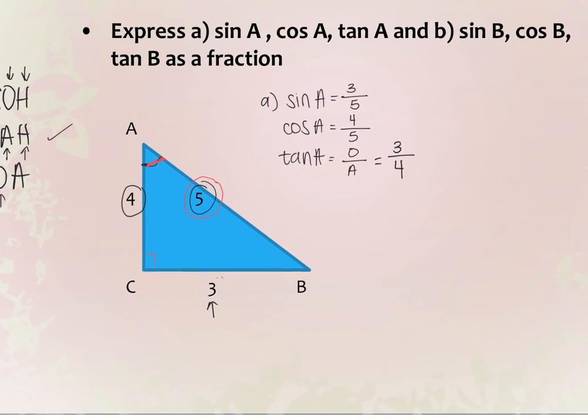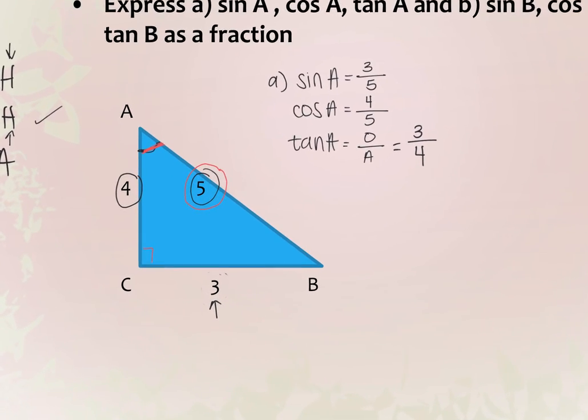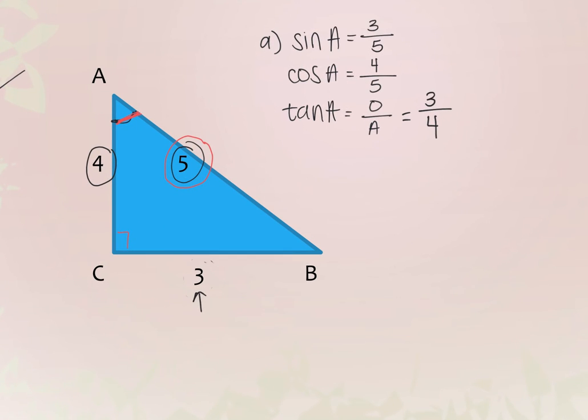B is asking us for the sine, cosine, and tangent of angle B. Okay, remember, let's use SOHCAHTOA again.